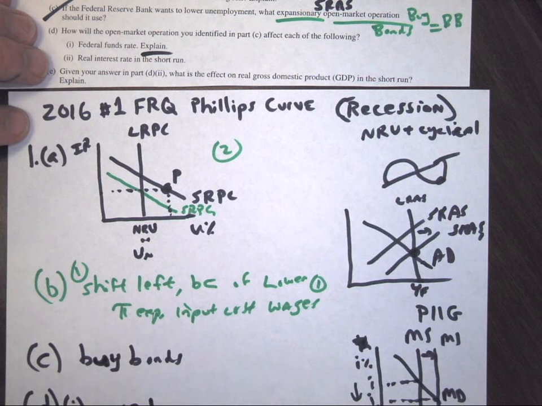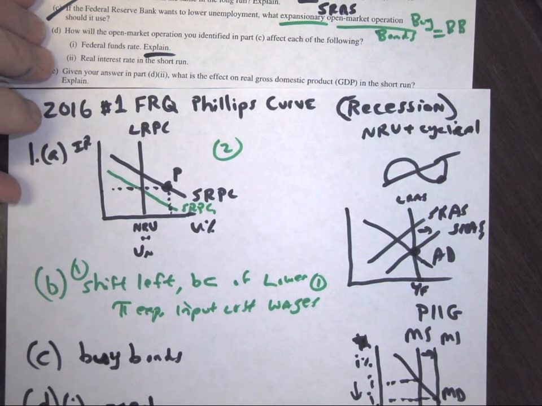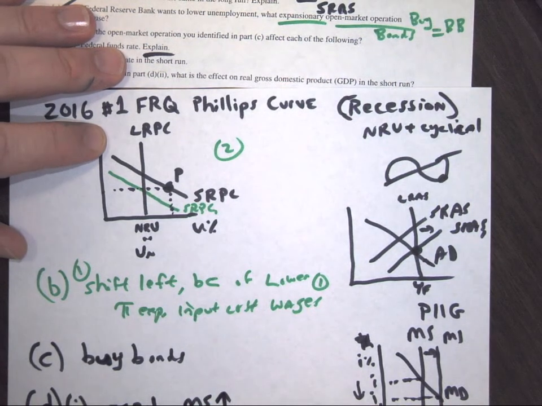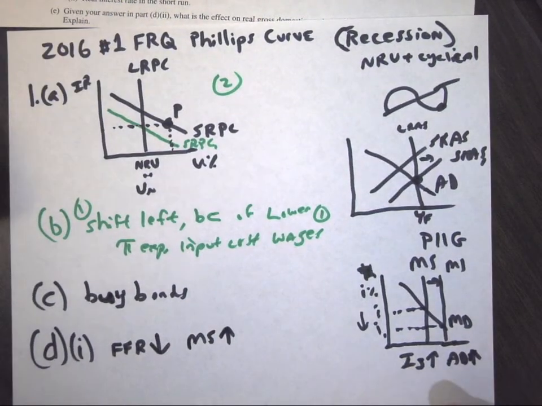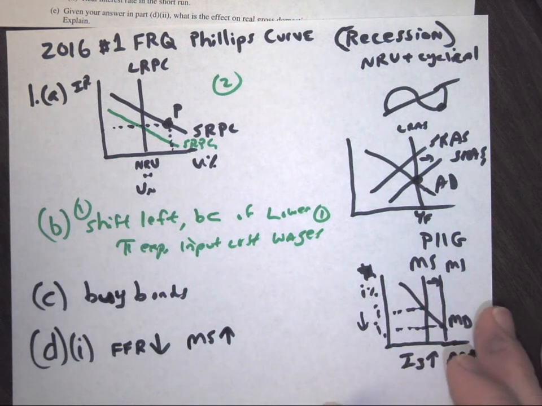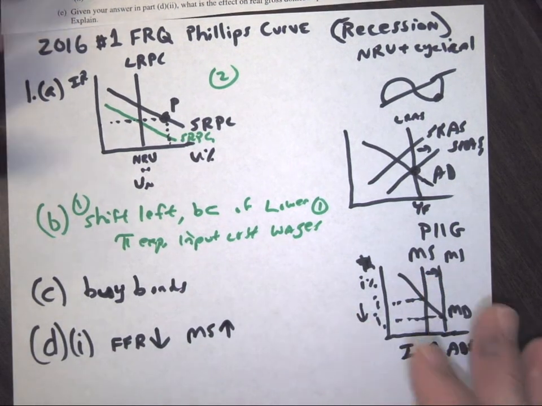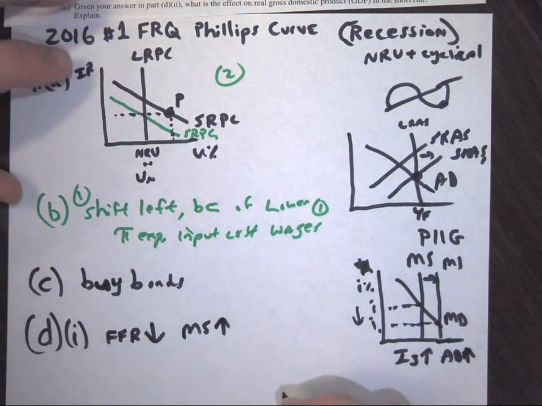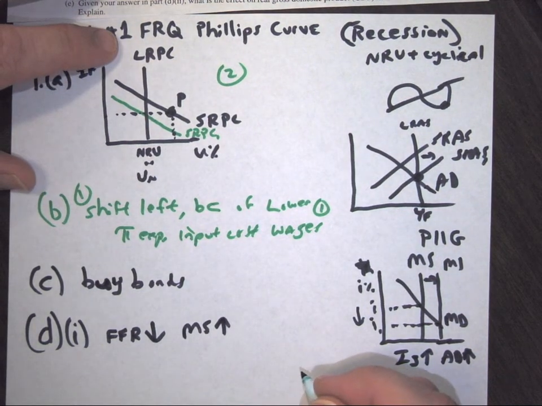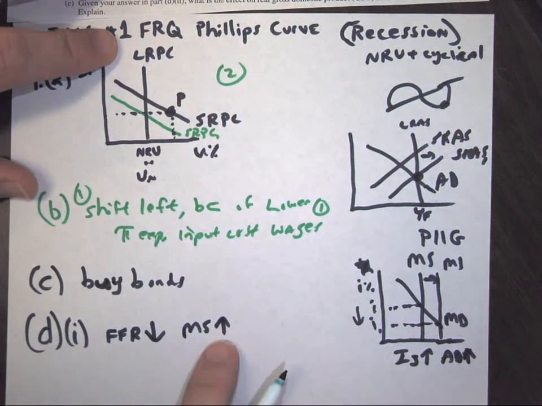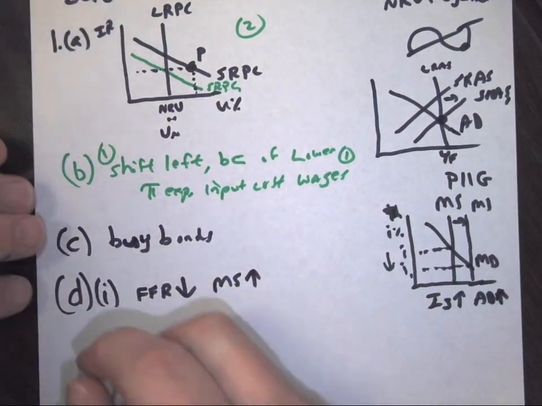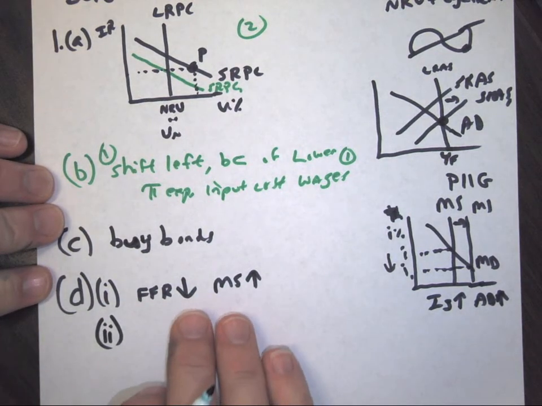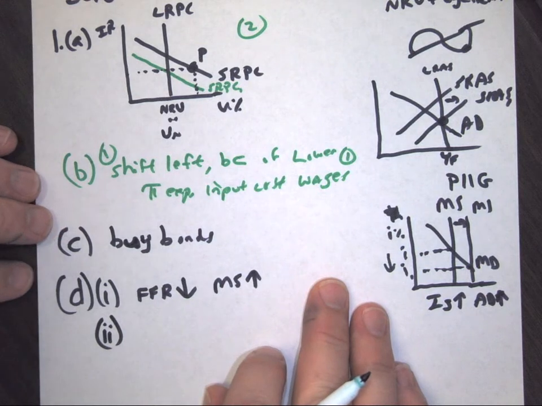The Fed funds rate is going to decrease because if the money supply increases, then that's going to make bank reserves get larger, and that's going to decrease the Fed funds rate, because anytime banks have larger amounts, there's more of it, it gets cheaper, right? So the money supply increases, and that's going to make the Fed funds rate decrease. Now, you can word that out a little better, but like I said, I'm being short and quick, and if you gave this to me and I graded it, I would take that as a correct answer.